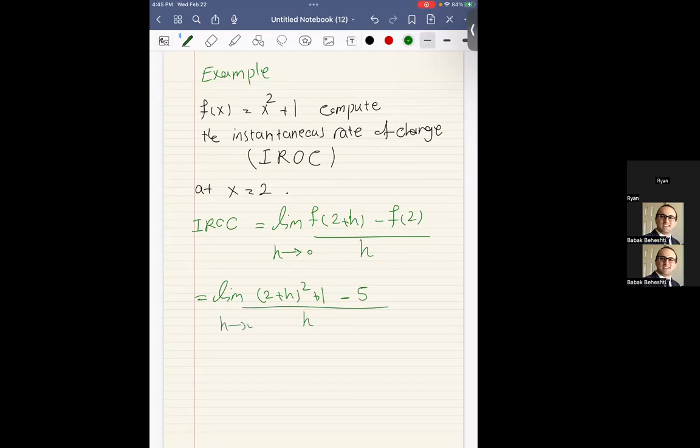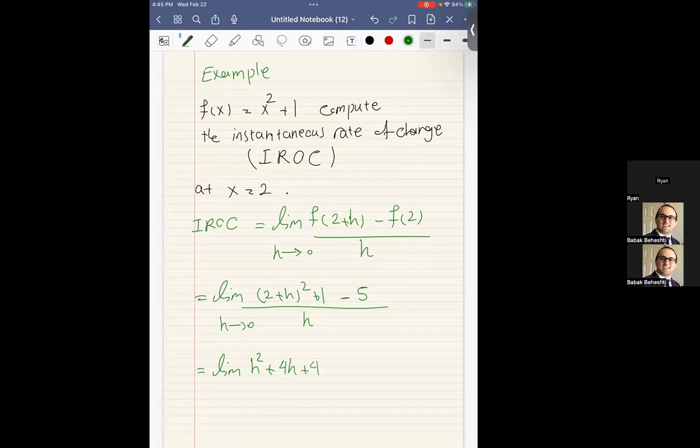h, h goes to 0. So on the top you have 2 plus h squared plus 1. Oh, sorry, 2 plus h squared is h squared plus 4h plus 4.